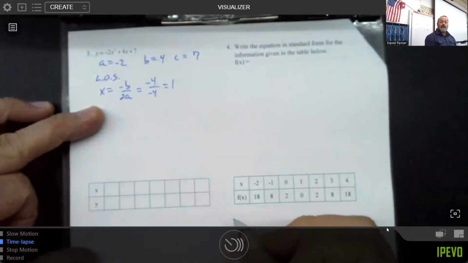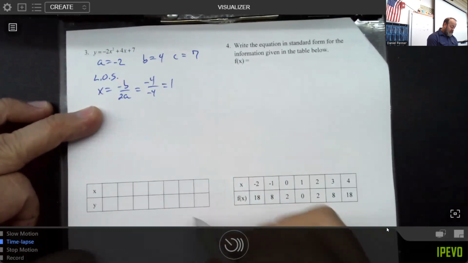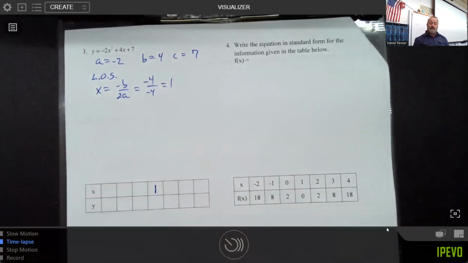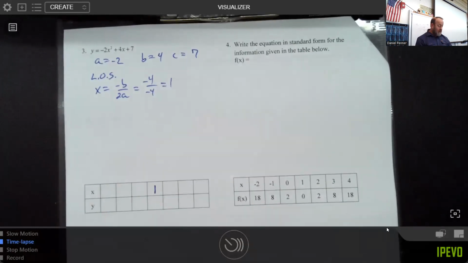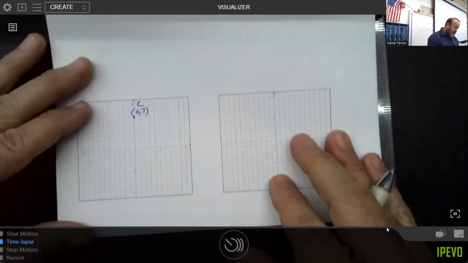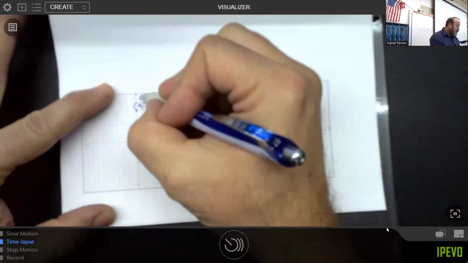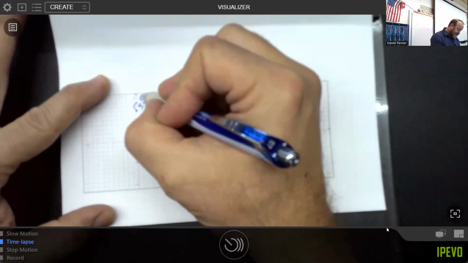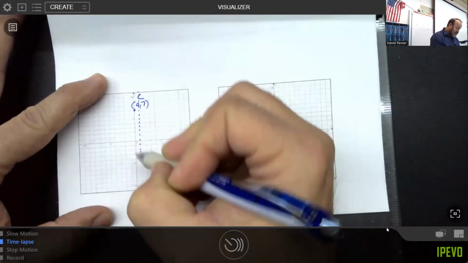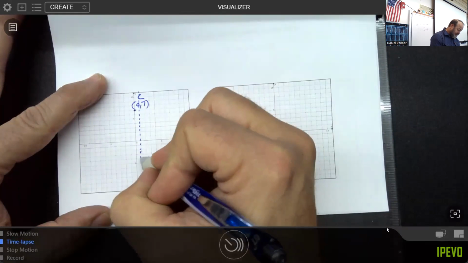So that means my line of symmetry is at x equals 1. What I like to do is center my table at that value 1. We can jump down to my graph, and I can put a dotted line at the number 1. So here is my line of symmetry that I found at the number 1.